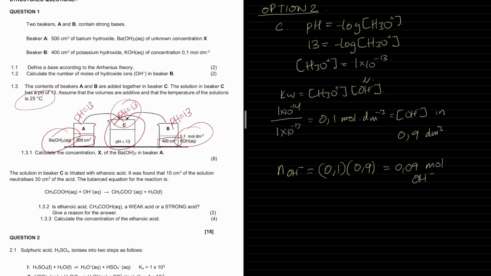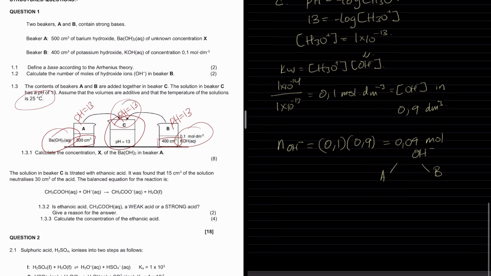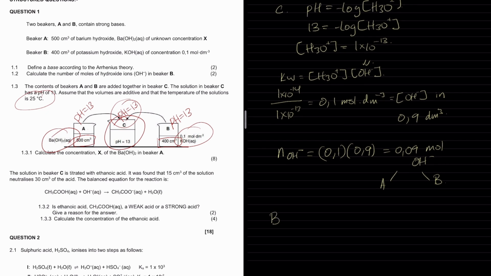Now this moles came from both beaker A and beaker B. Now I can work out how many moles came from beaker B and then subtract it to get the moles in beaker A. So in beaker B, the number of moles is going to be equal to C times V. Concentration is 0.1, volume is 0.4. That means 0.04 moles came from beaker B.